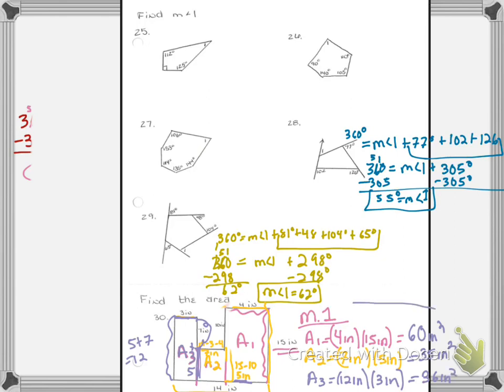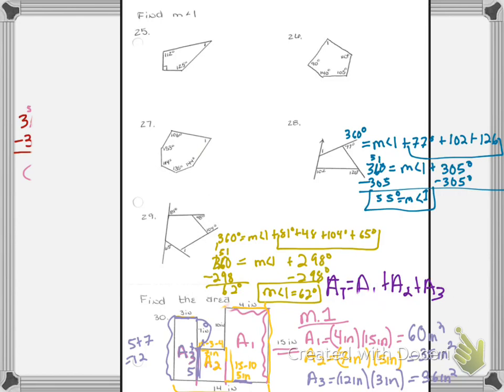So when we add all of these together to get the total area, I'm going to go right here. So area 1 total equals area 1 plus area 2 plus area 3. That gives you the 60 meters squared. Oh, we're in inches.